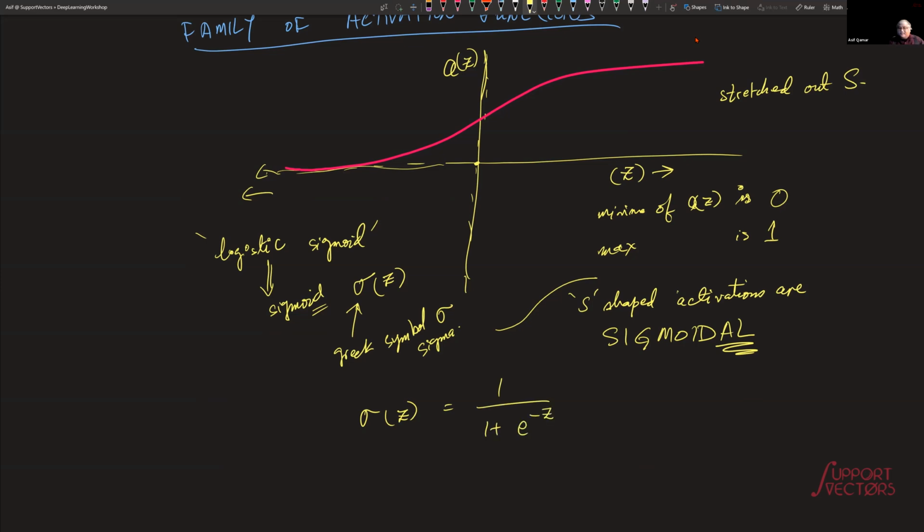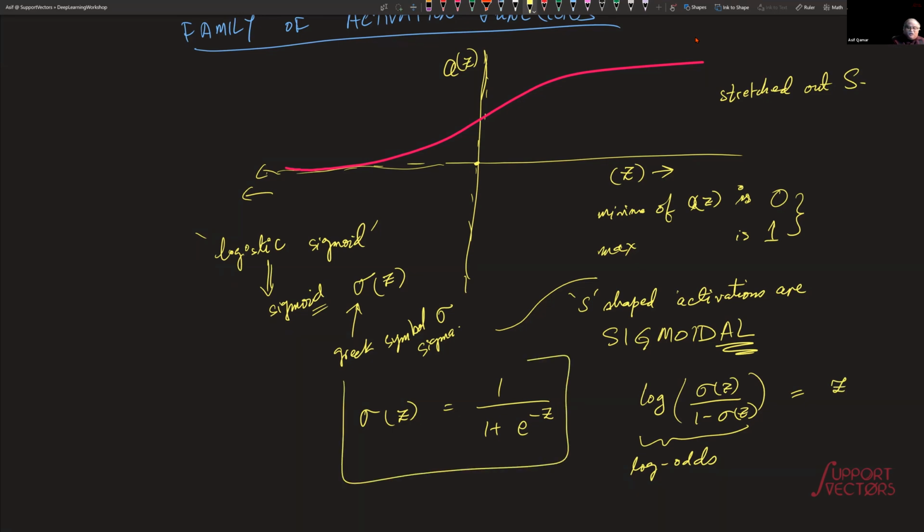Another way you can write it, and those of you who did ML100 with me must be very familiar with it: if you think of sigmoid as a probability, since it goes between 0 and 1, then log of sigmoid z over 1 minus sigmoid z, that is called log odds, is equal to z. There are two ways of writing it, one in terms of exponentials and one in terms of logs.